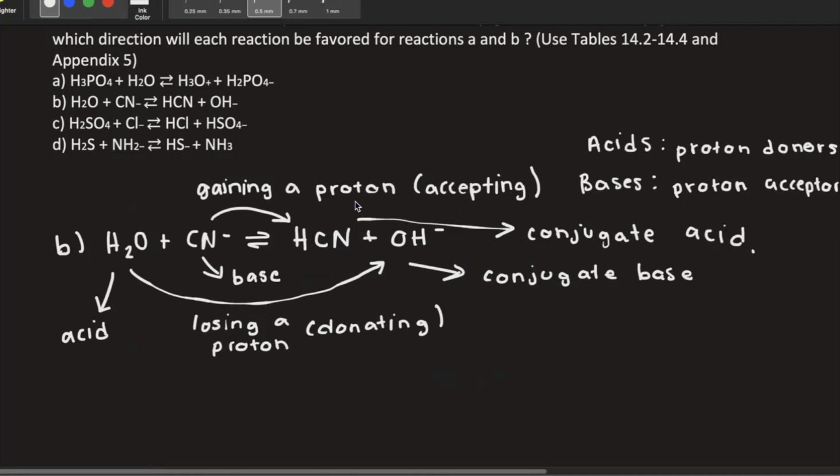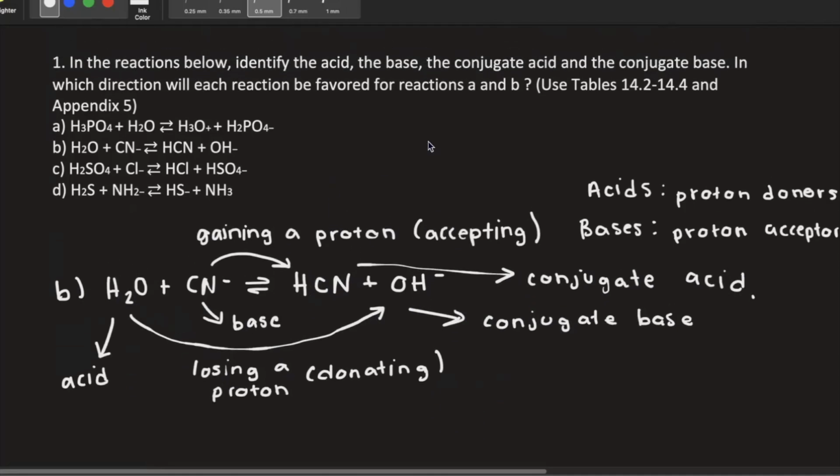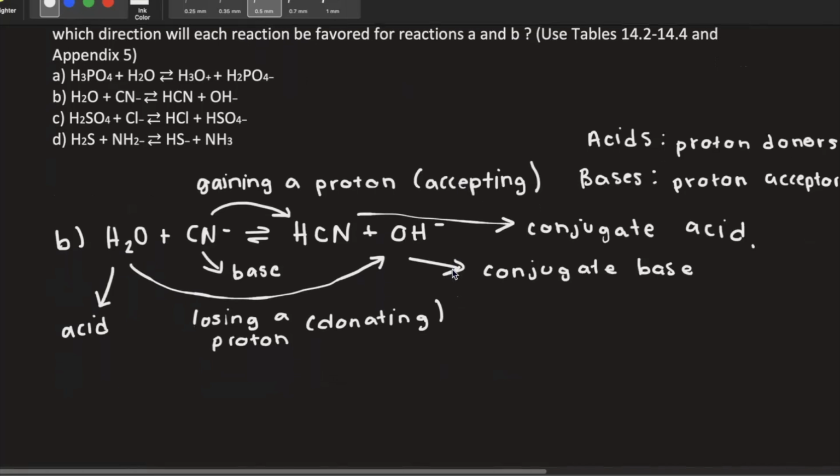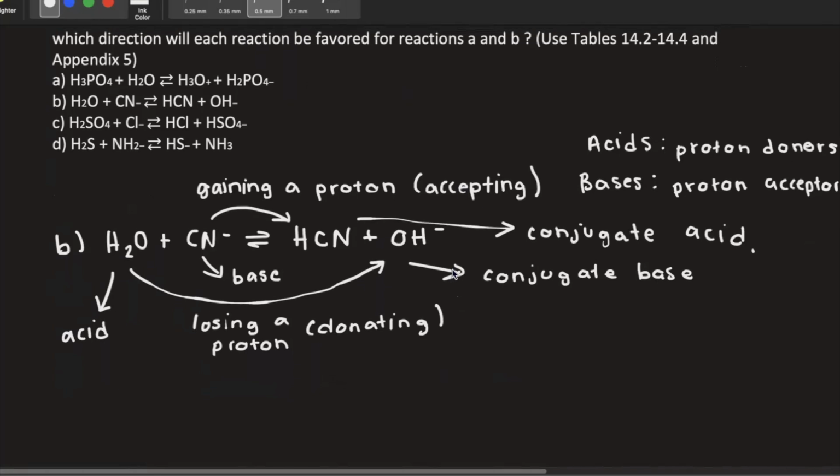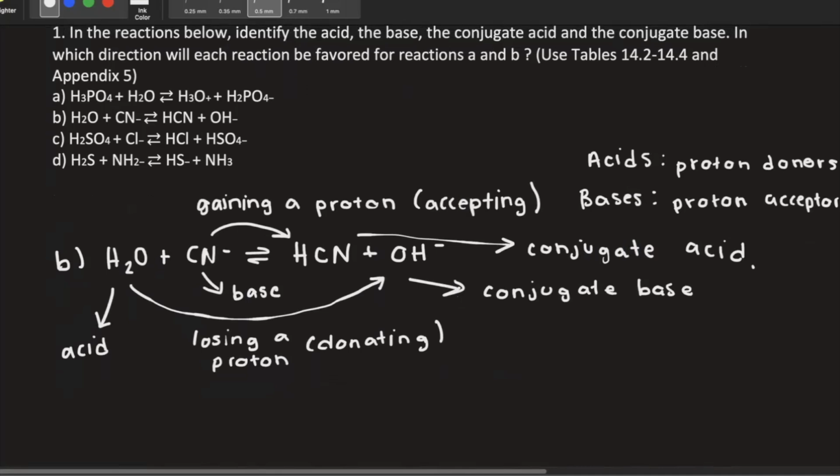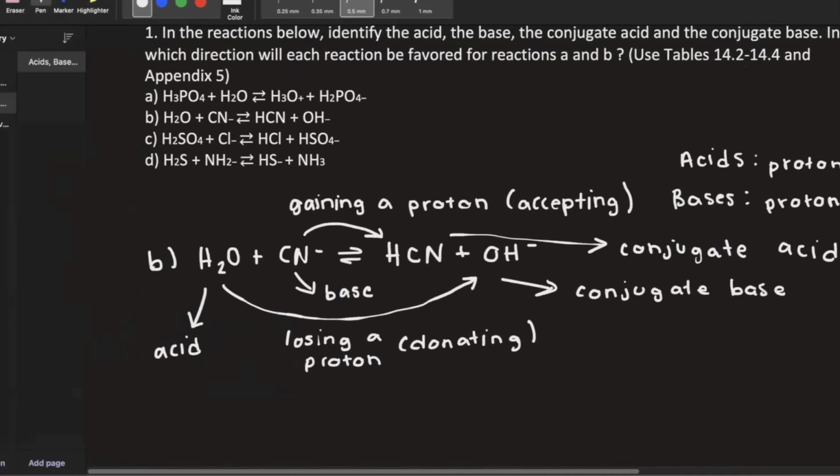Now, another thing that this question asks you is, in which direction will each reaction be favored for reactions A and B? For this, you have to use tables, but I'm just going to show you that this equation is going to favor the left side. Now I can move on to the next one.